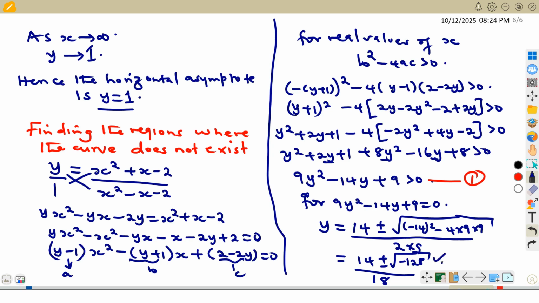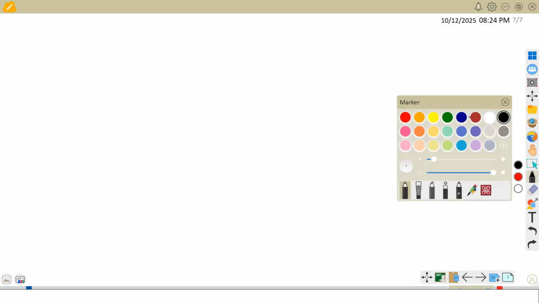When you look at this, you realize that this will give us a complex number, meaning that there is no real value for y. So we shall say there is no real value, because we have seen it is giving a complex number.